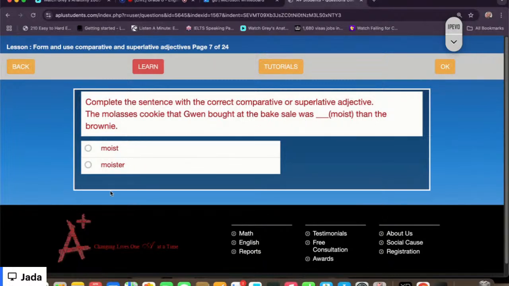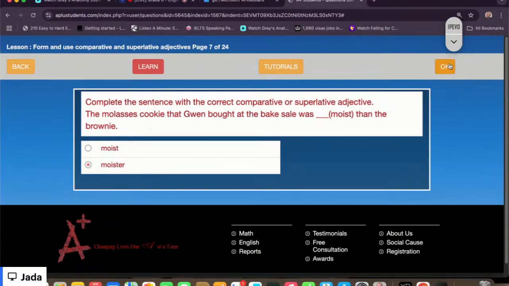So moist or moister? All right, so we have moister.